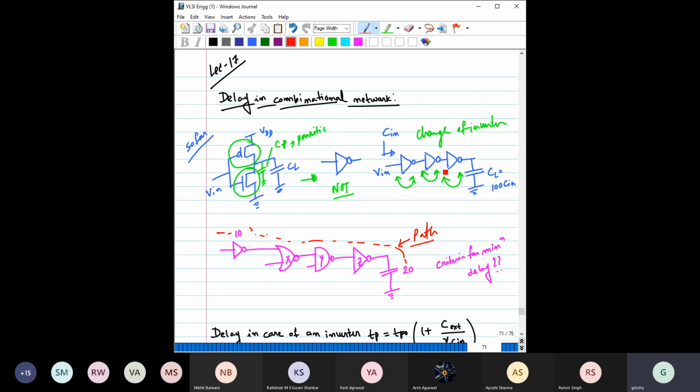We know how to size a chain consisting only of inverters, but how do we do it if there are other gates? That is what we are going to discuss today. It is very important from the exam point of view as well as from the practical design perspective.